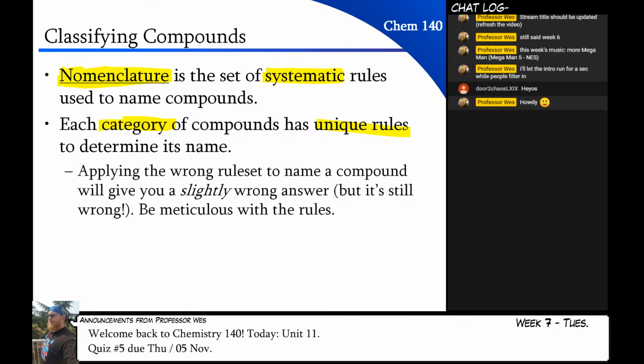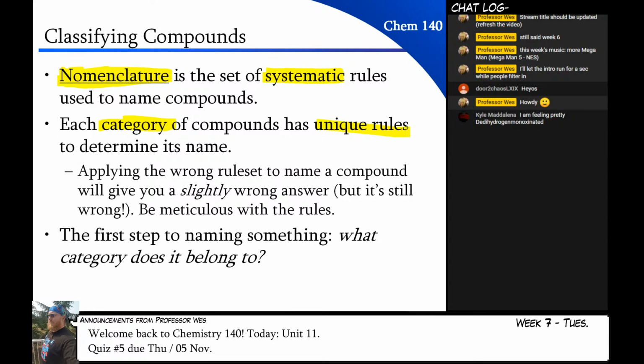If you use the wrong rules, you're going to get a name that's slightly wrong. It doesn't matter if it's slightly wrong, it's still wrong. Be careful, okay? If you use the molecular rules for the ionic compounds, then you get something that's wrong and doesn't make any sense, and nobody will understand what you're talking about. So be careful.